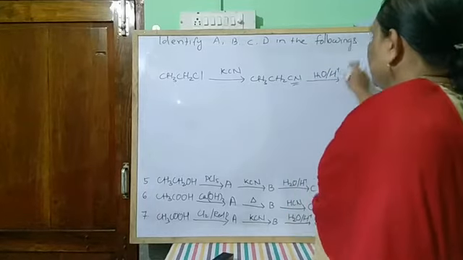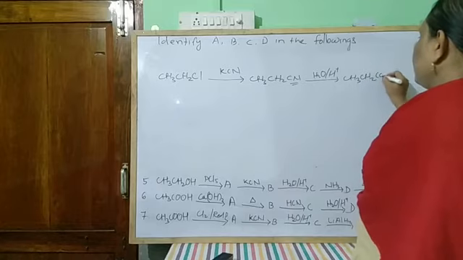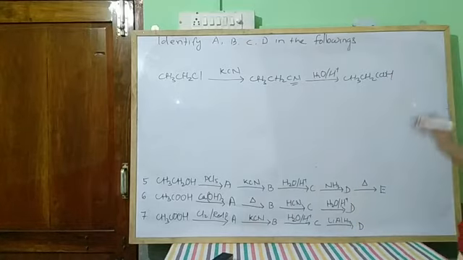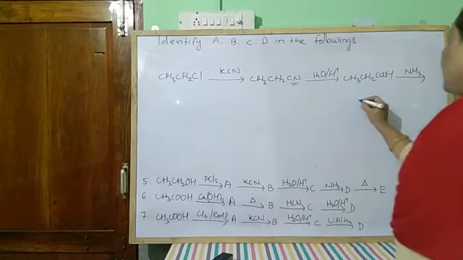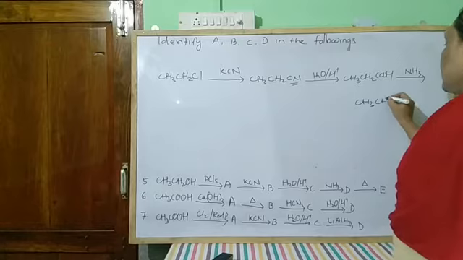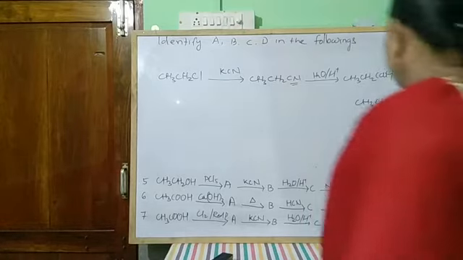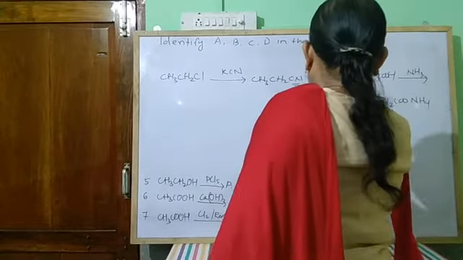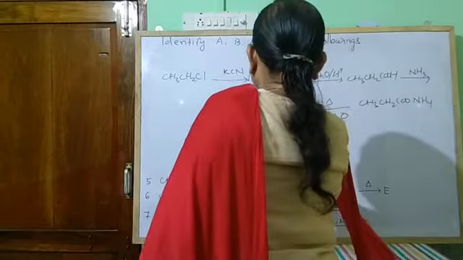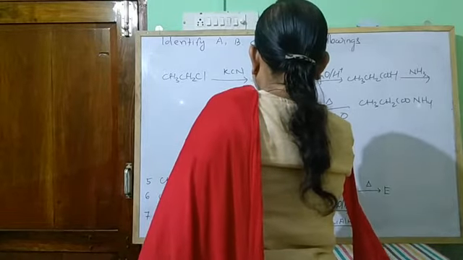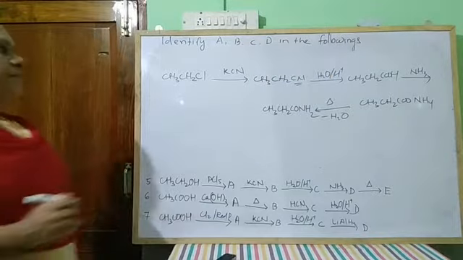acid, the cyanide undergoes hydrolysis to form carboxylic acid, and the carboxylic acid when it reacts with ammonia forms an ammonium salt, and the ammonium salt when heated loses a water molecule and forms amide.